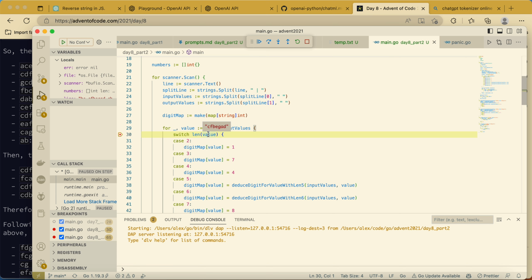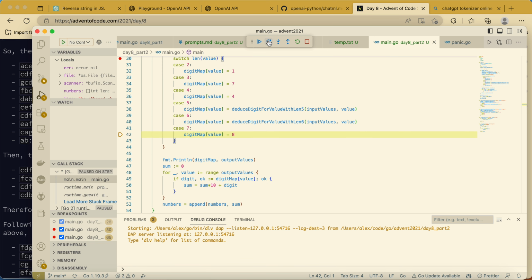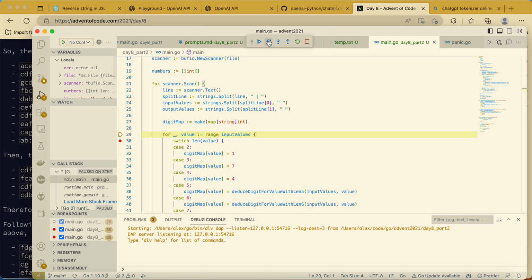Now we have our 7, which should be our 8. We're checking that it's not with this length, it's 8. That's with length 6.